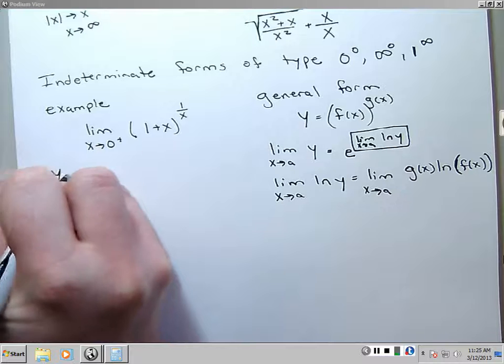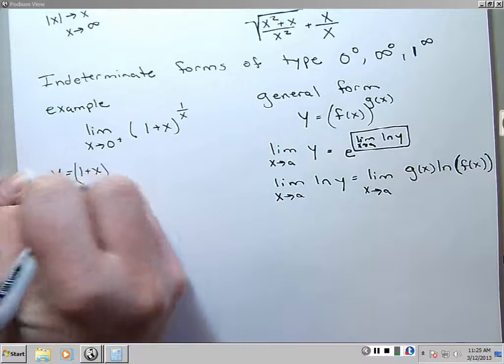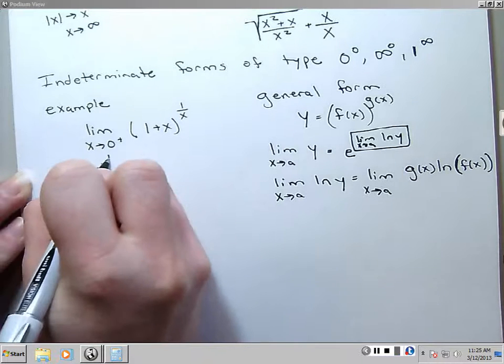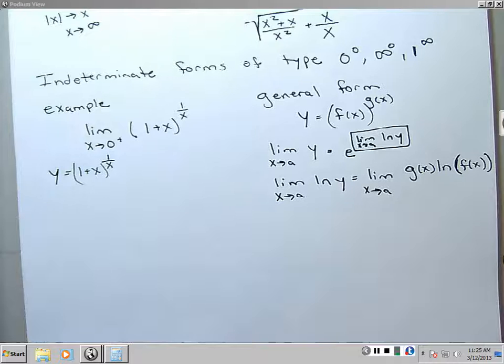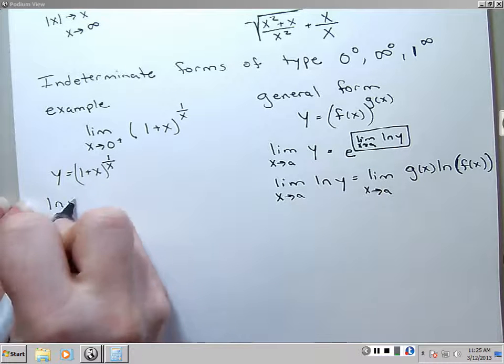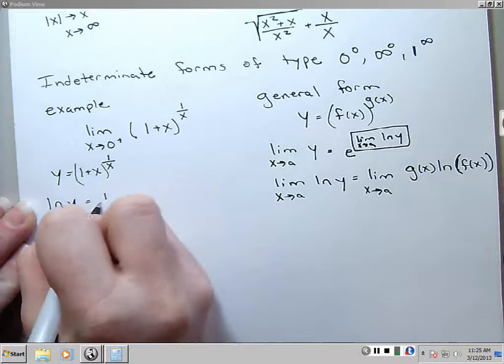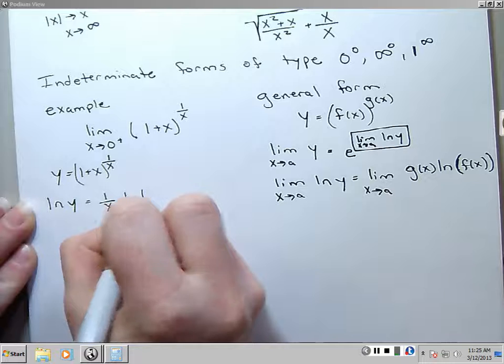I let y equal (1 plus x) to the 1 over x power. I can't begin to find the limit of y, but I can find the limit of ln of y. If I can, the limit of y would just be e to that number. So ln of y equals 1 over x times ln of 1 plus x.